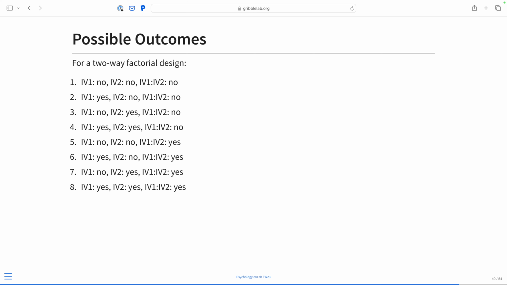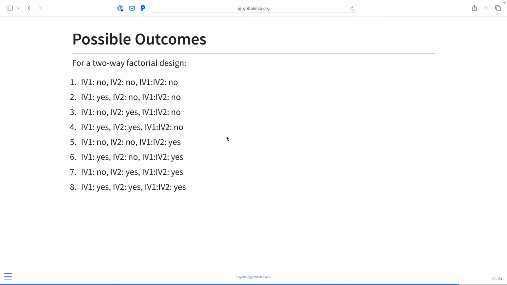You could get any combination of a significant main effect in A or not, a significant main effect in B or not, and a significant interaction effect in A by B or not. So 8 possible scenarios for a two-factor ANOVA when you're testing 3 effects.